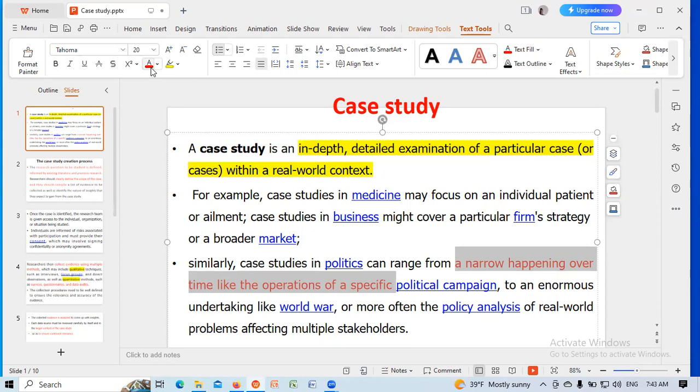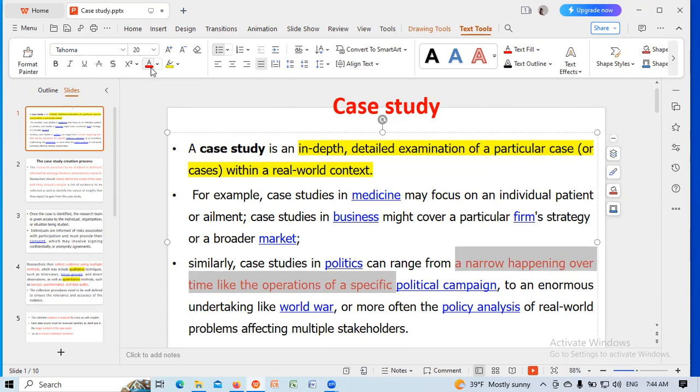I'm discussing three examples. The first example is studies in medicine, which focus on the individual patient. But in case of business, it covers particular firms or a broader market.